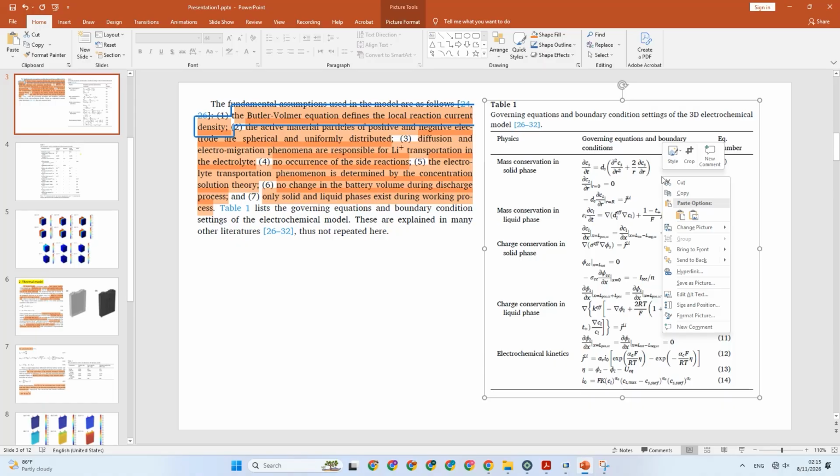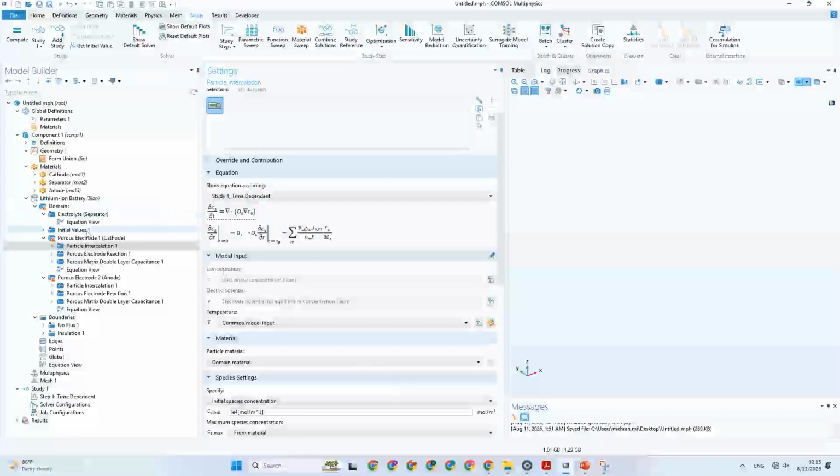Now I continue. This is the correct module because we proved this equation.